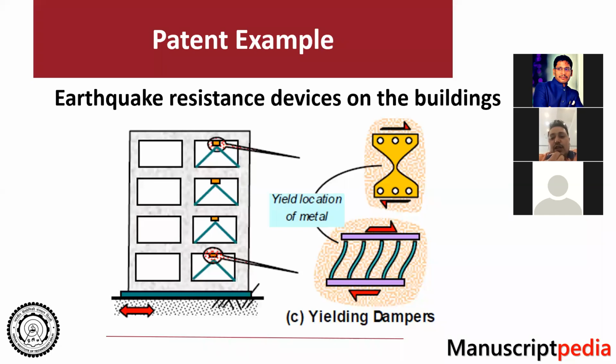The rest of the elements we do not allow to yield because they are the main elements of the structure. So after the earthquake, we only change this part, and that is a kind of useful work they have done in their own area, right. Okay, so next slide.